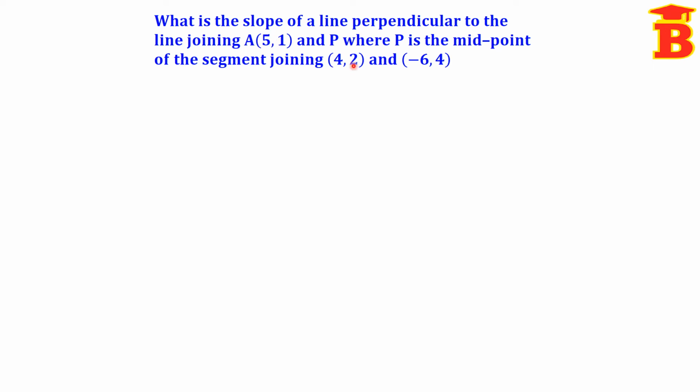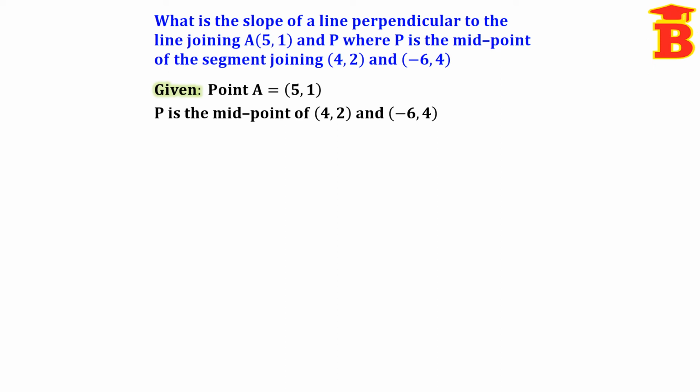Another point we have to take the midpoint of this. So given first point A equal to 5, 1. Next P is the midpoint of 4, 2 and minus 6, 4. We have to find the midpoint of this.